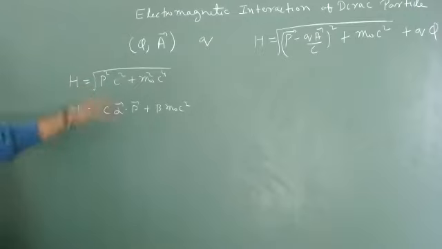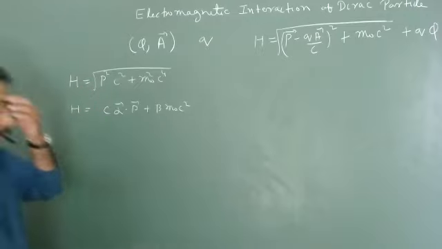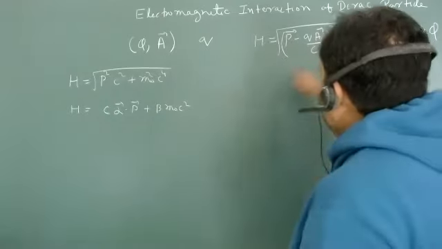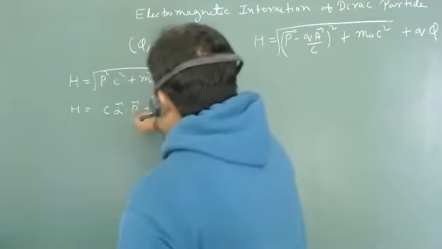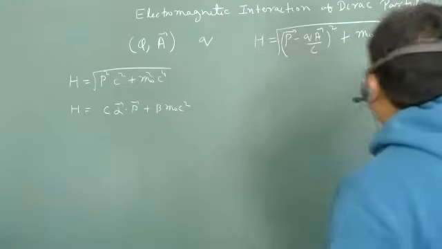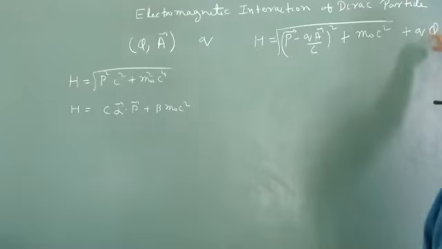So this is my Dirac Hamiltonian. On the analogy of this one, we can easily write our Dirac Hamiltonian. We can replace this P by this particular term, and all other terms will be exactly the same, and this is nothing but the scalar potential energy.